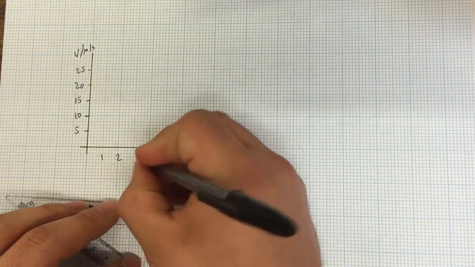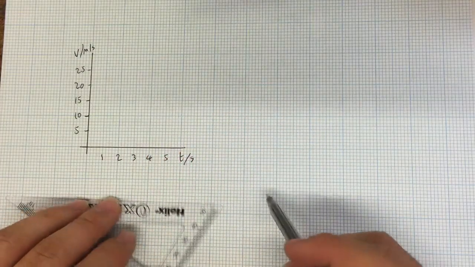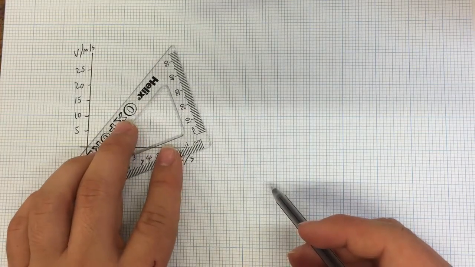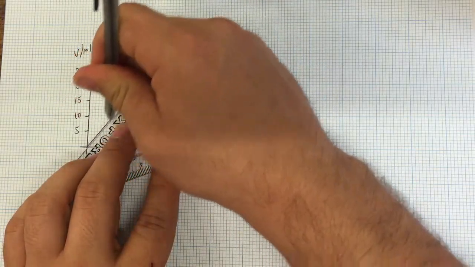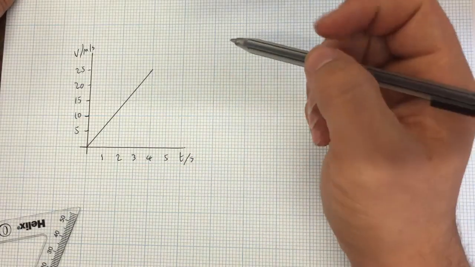Just going to add some time in seconds. So if I've got an object now that is travelling with constant acceleration, like so, a straight line, I can calculate the gradient of this line.